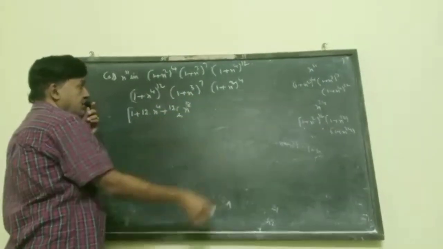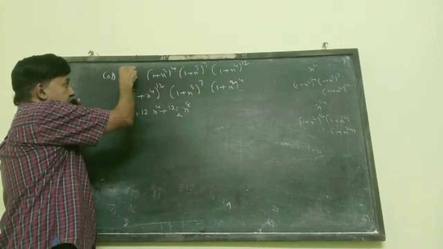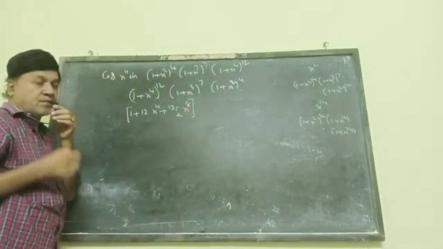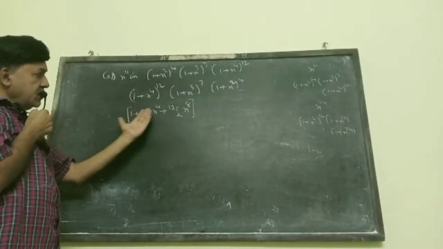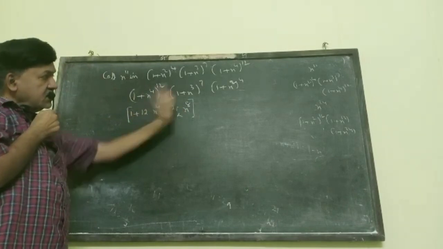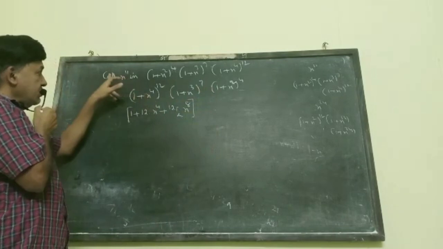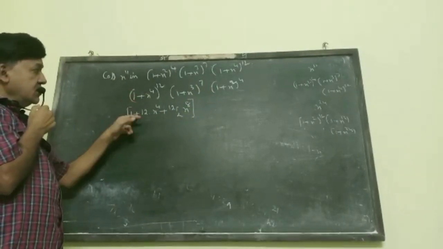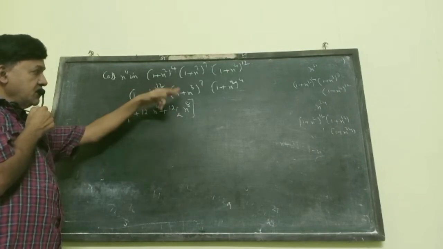The next term is x^12, but you require only x^11, so you can stop here itself. You need not expand this fully. You can expand only up to 3 terms because the next term is x^12, which is not necessary for us, since we require up to x^11 only. So 12C0 1^12, 12C1 x^4, 12C2 (x^4)^2.